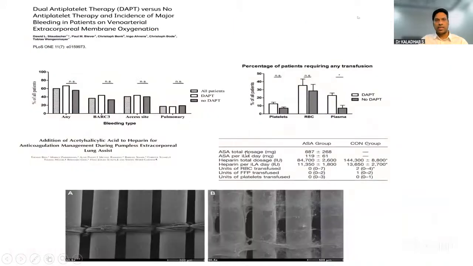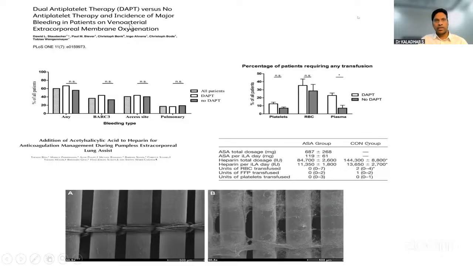There are some studies where they looked at dual antiplatelet therapy, especially when we consider VA ECMO in the context of cardiogenic shock, where after acute coronary syndrome these patients generally undergo stent placement, where they will be put on dual antiplatelet therapy to prevent stent thrombosis. Along with that, most of the time we will be initiating the ECMO.